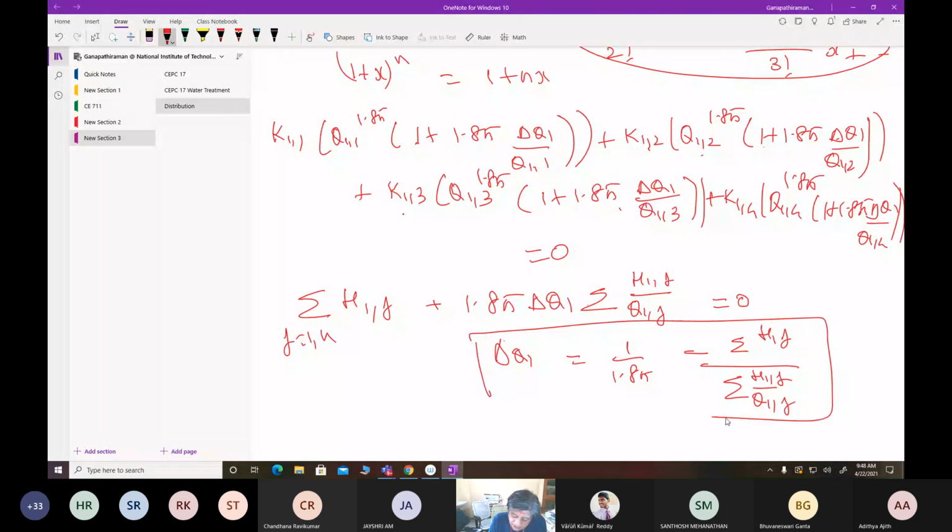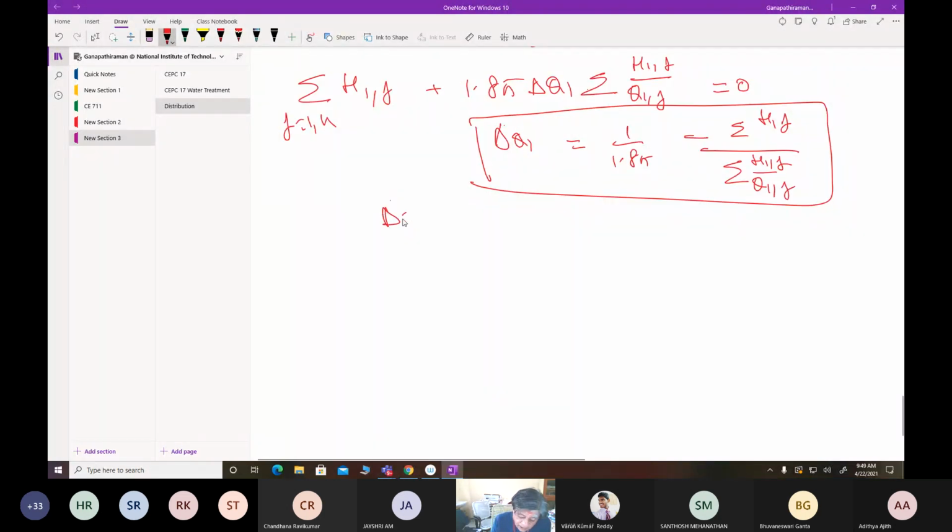So we have got delta Q1. Similarly, delta Q2 will be equal to minus sigma of H2j divided by 1.85 sigma of H2j by Q2j.